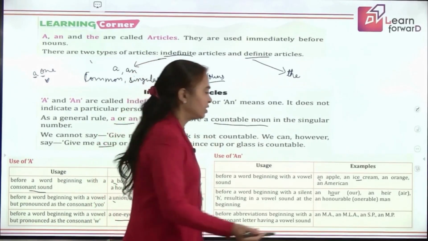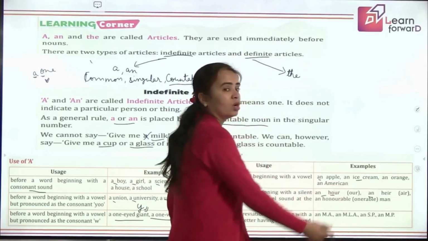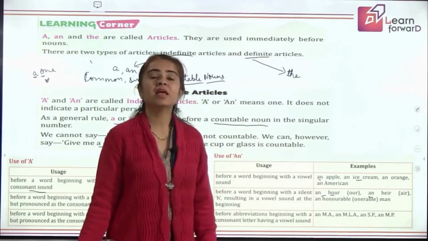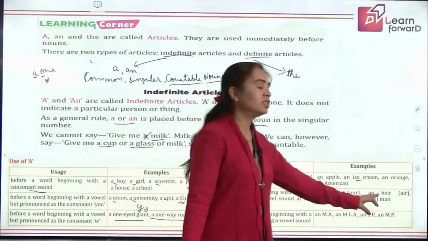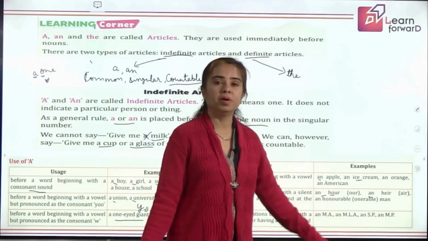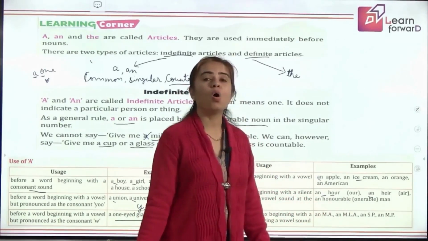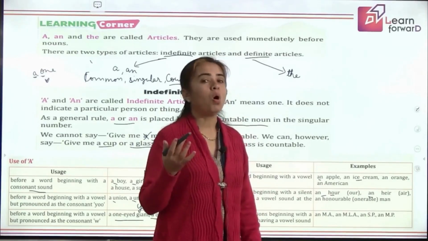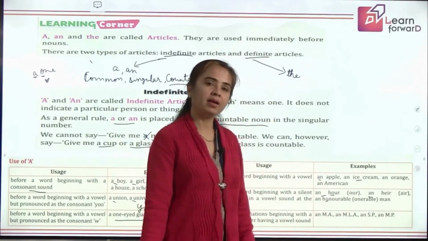That's why we say an hour. This is not hair, please. This is air, right? How do you pronounce it? Air. That's why we say an air. Next, an honorable. It is not honorable. It is aw. What sound is coming now? Aw, right? So this is an honorable man.